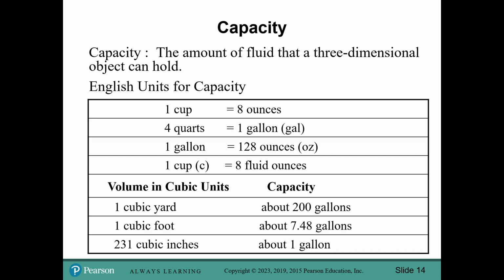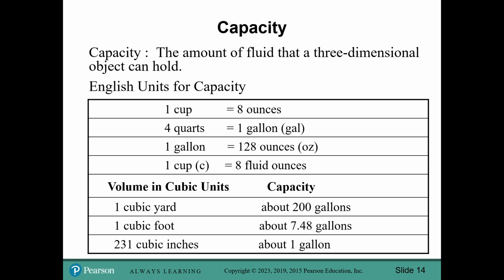Okay. Now, let's look at the volume in cubic units versus the capacity. 1 cubic yard has a capacity of about 200 gallons. 1 cubic foot has a capacity of about 7.48 gallons. 231 cubic inches is about 1 gallon.